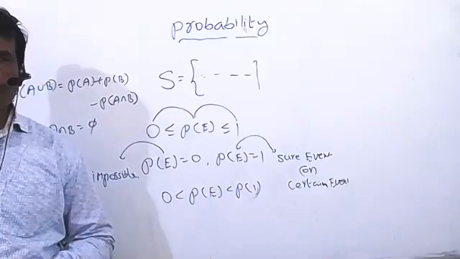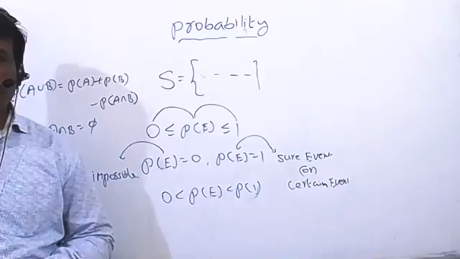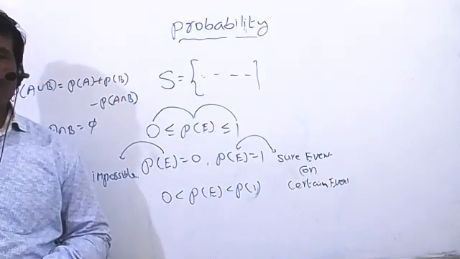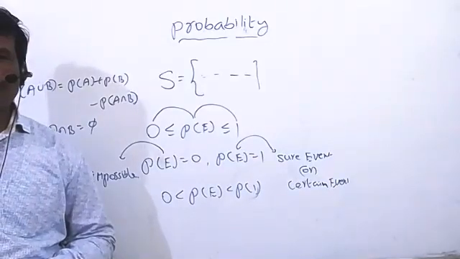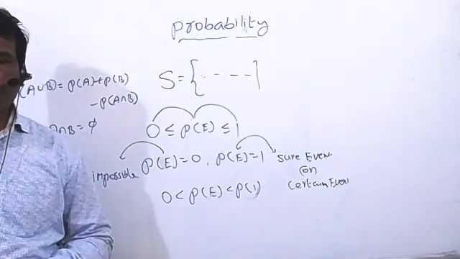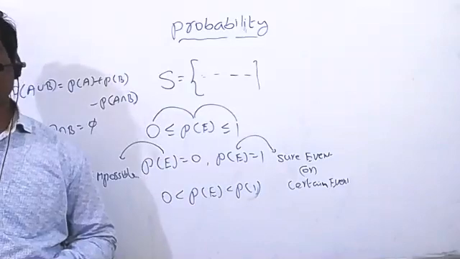After total probability, we discuss the Bayes theorem. After the Bayes theorem, we get Bernoulli trials, and after Bernoulli trials, binomial distributions.